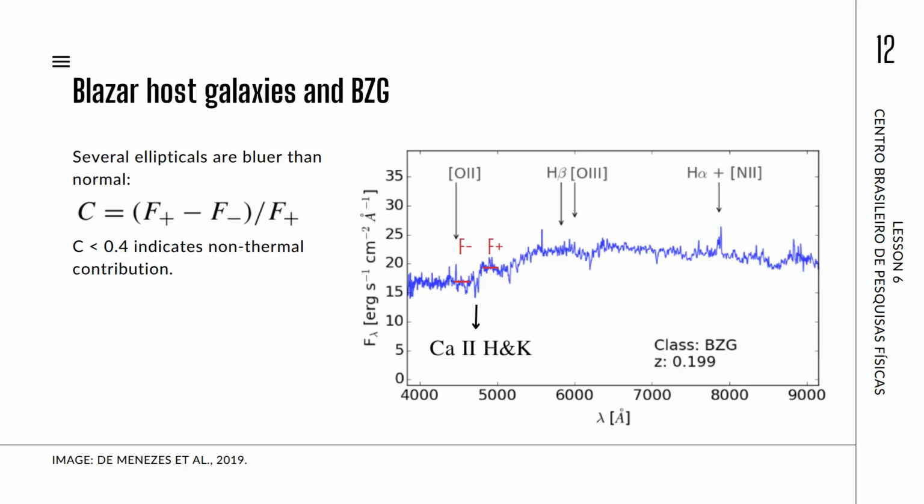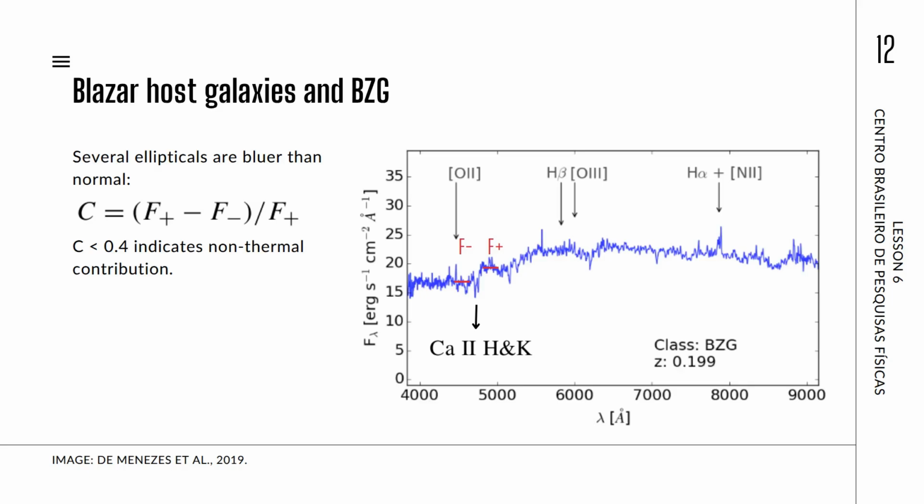If this was a normal elliptical galaxy, we would expect the spectrum to drop really fast after what we call the Calcium H and K break, the 4000 angstrom break. So we would expect this to drop really fast. In this case it doesn't happen.